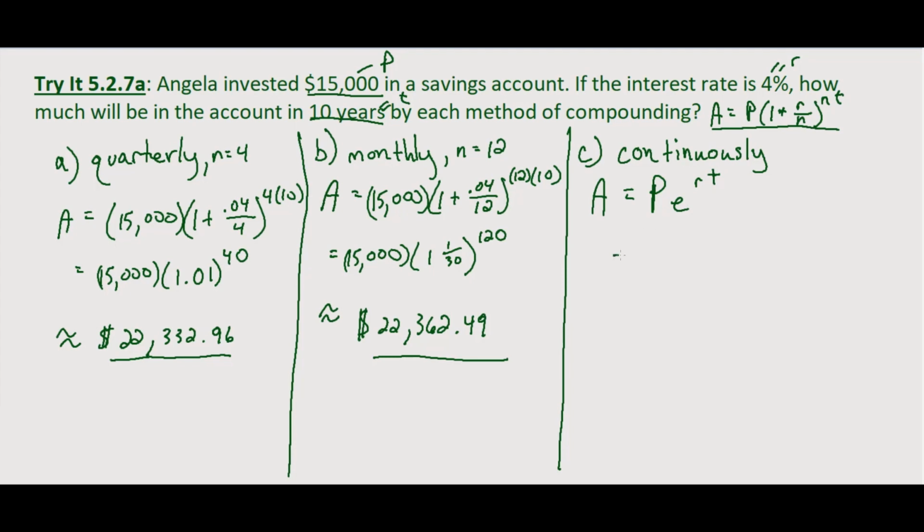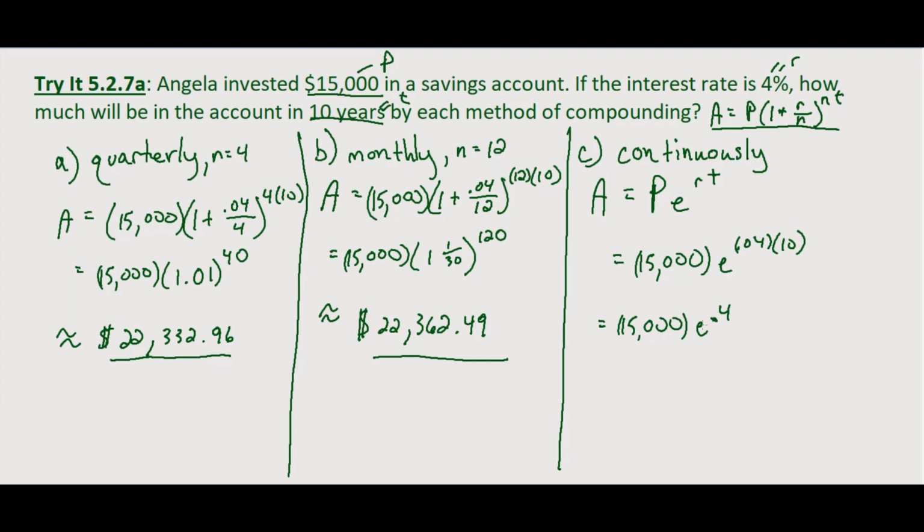So Angela's ending amount is going to be the principal amount, 15,000, times E to the R, which is 0.04, times T, which is 10. So A equals 15,000 times E to the 0.04 times 10, which is just 0.4.